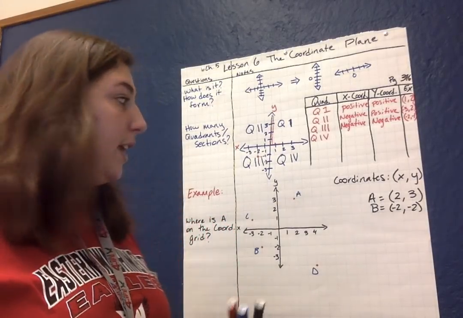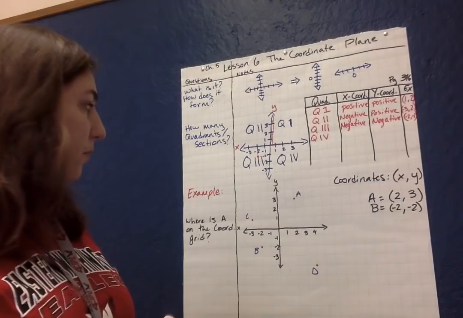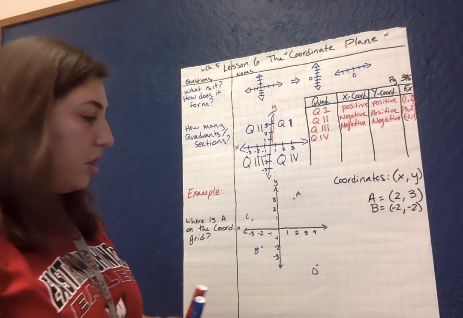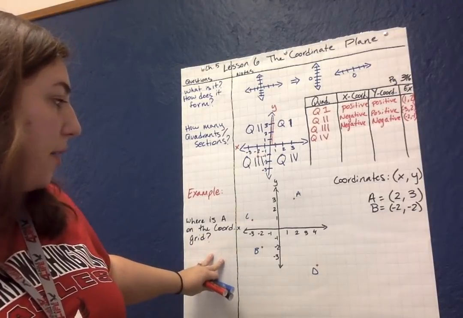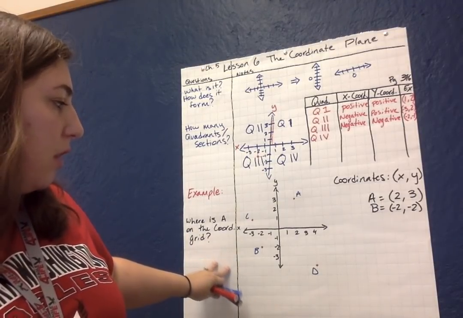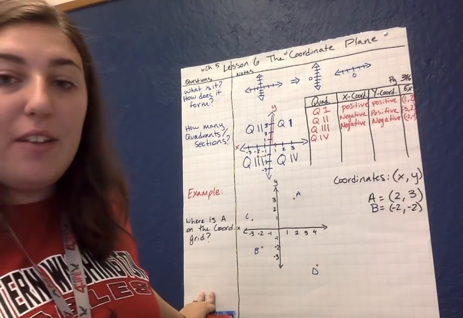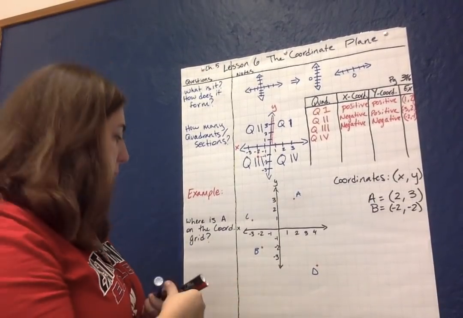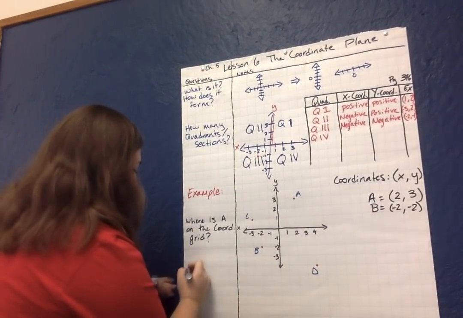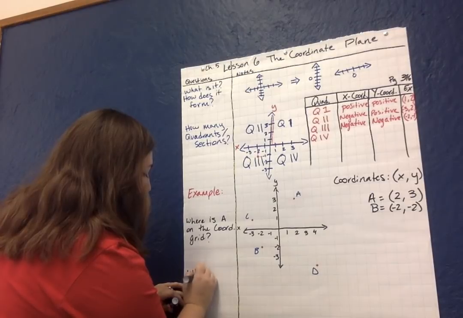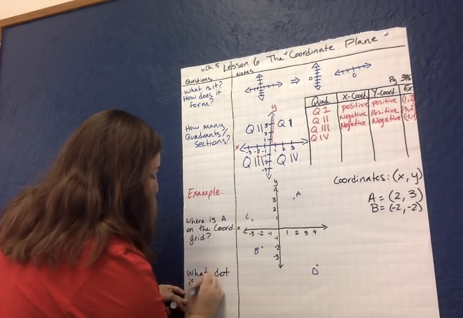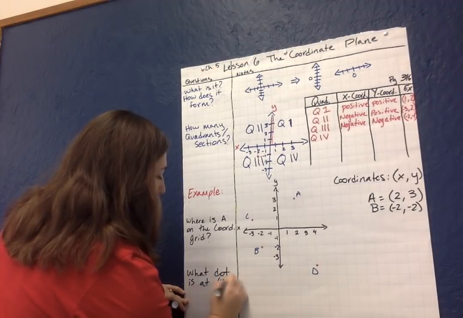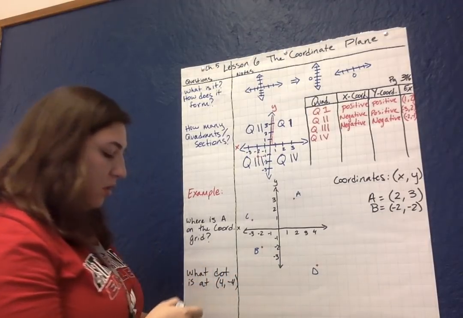Now, one more thing for this example. Could you identify where 4 and -4 is? So we have the coordinates. So what dot is at 4, -4?